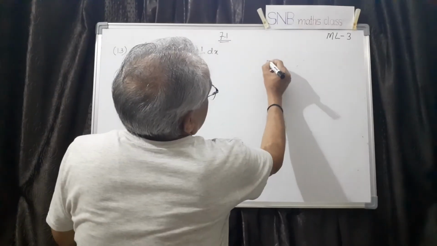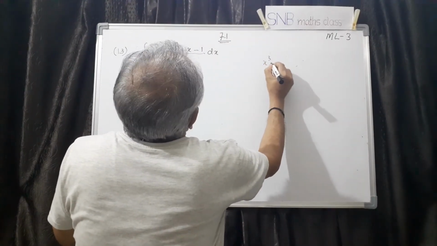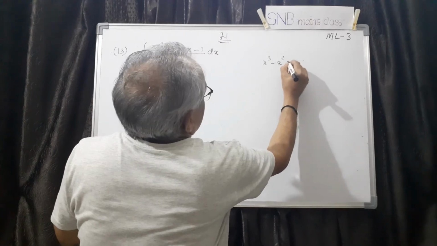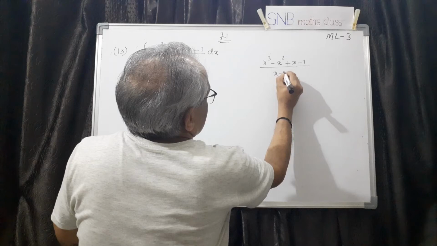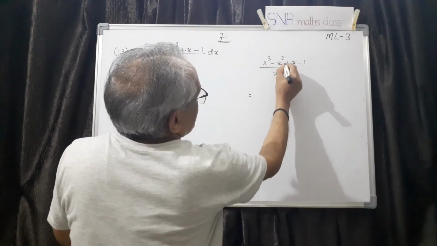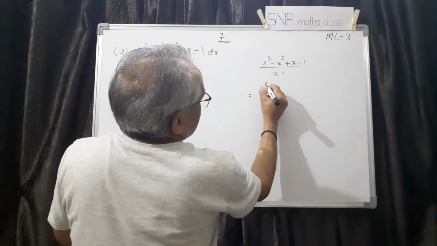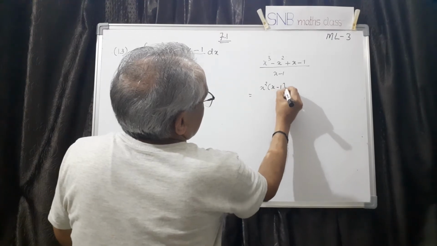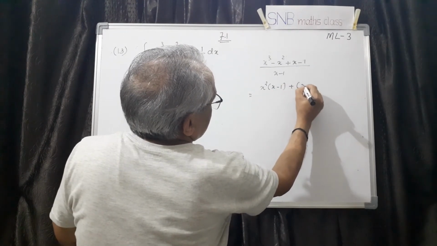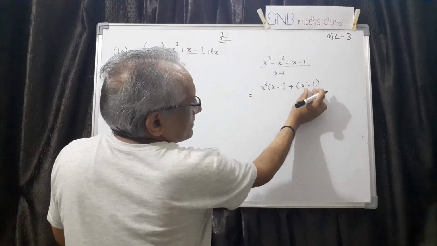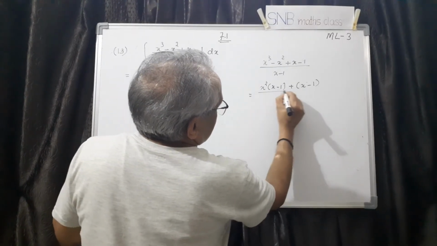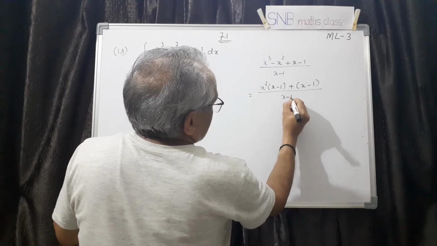See, if you take x cube minus x square plus x minus 1 divided by x minus 1. See here, from these two, if you take x square outside, you get x minus 1 plus 1. You can put a bracket here, x minus 1, so that x minus 1 is common. So what happens is, below, of course, x minus 1.